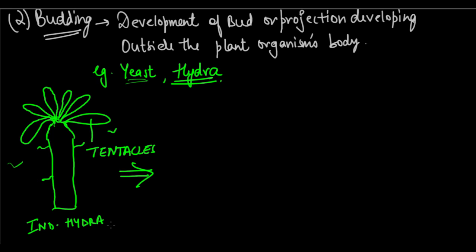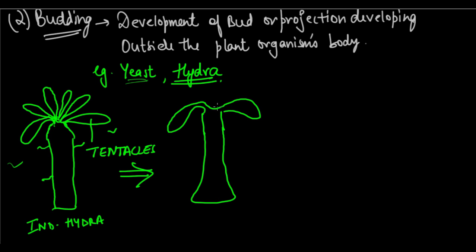Now the bud starts developing. Now the actual show begins. So we have a diagram of the hydra, that's the hydra. Now there's going to be a bud which is starting to develop.